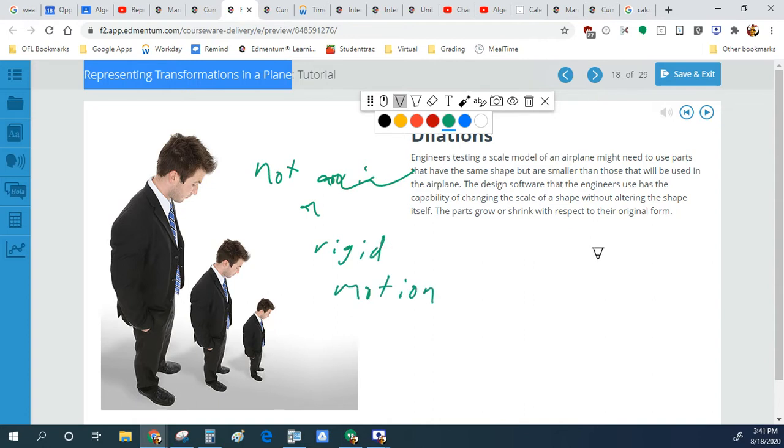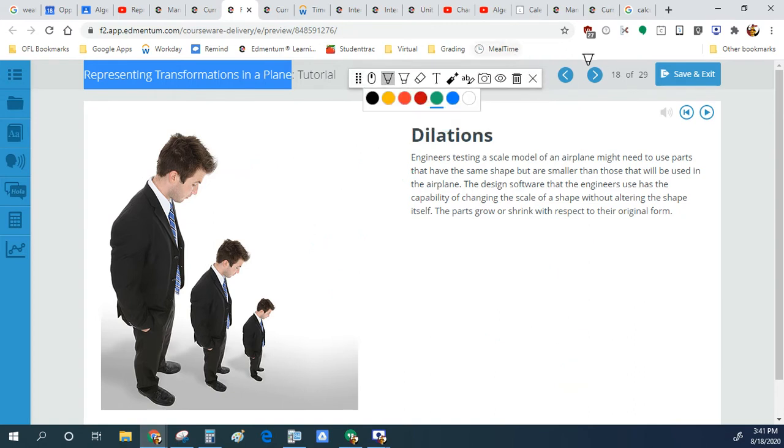It's not just moving something. You're not rotating it, you're not reflecting it, and you're definitely not just translating it. So it's the only type of transformation that's not considered a rigid motion because the shapes are changing.